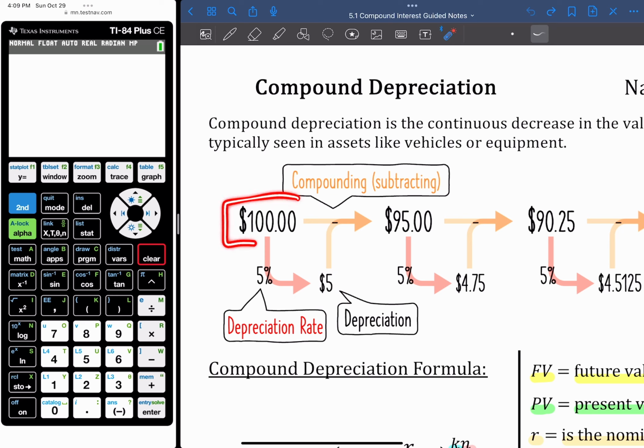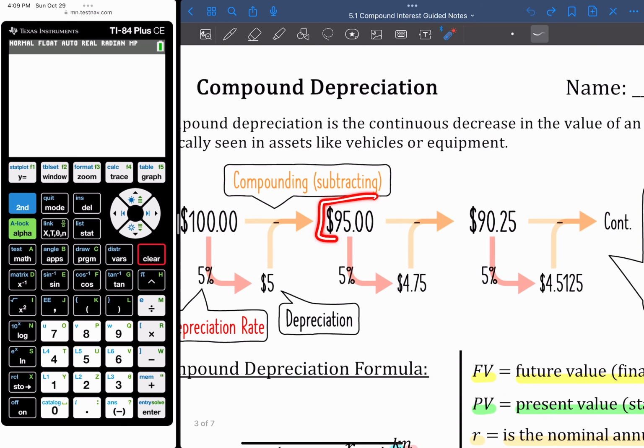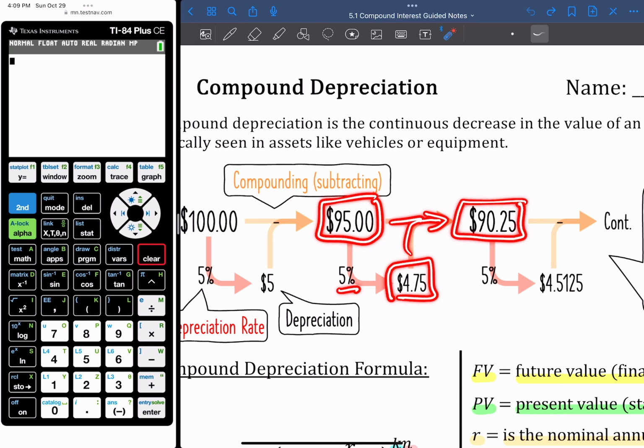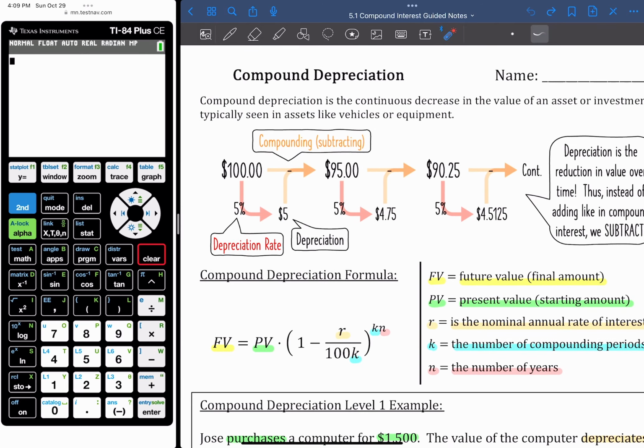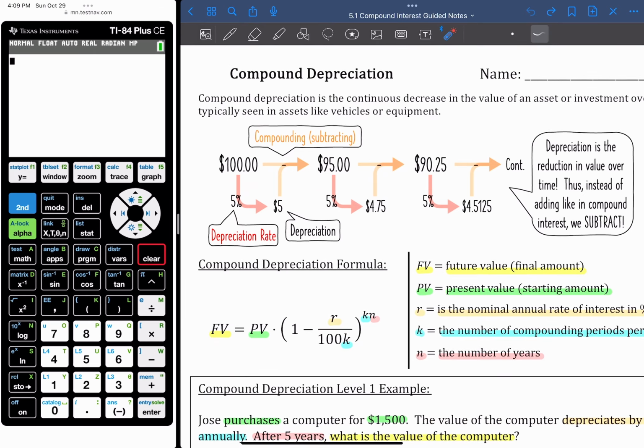So it goes from $100, then we subtract 5, giving us just $95. And that percentage decrease happens again every year. So 5% of 95 is now $4.75. We subtract the $4.75 from $95, and we get $90.25. And that compounding is going to occur every year. The value of the item is decreasing over time.